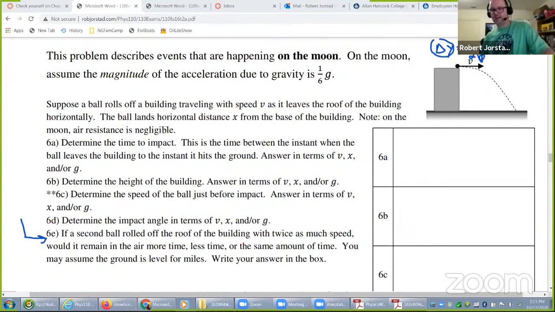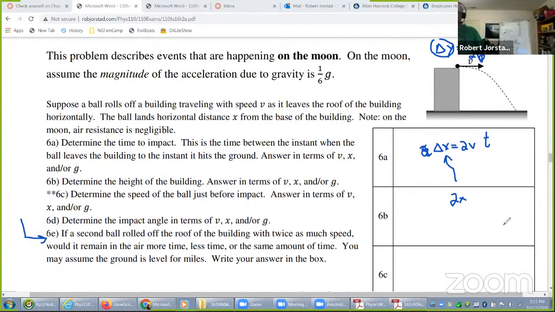This doesn't change, so the time won't change. What you were saying is if you go twice as fast, delta x would be 2v times the time, but the problem is delta x would no longer be x, it would be 2x because it's going to go twice as far. Does that make sense, Jake?